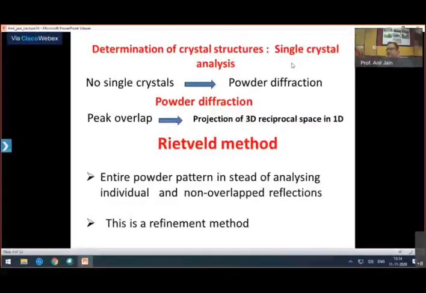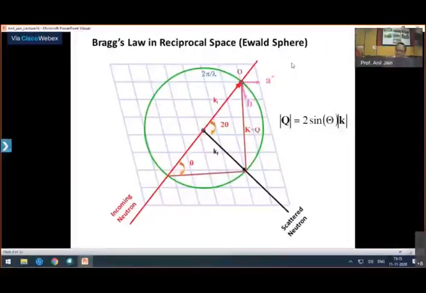What you measure in those experiments is the intensity of the beam with respect to your scattering angle 2 theta, which is the angle between your incident beam and your detector. So you plot this intensity as a function of 2 theta, and if you want to remove the dependency on the wavelength, you can convert this 2 theta into the parameter called Q, which is 4 pi by lambda sine theta.